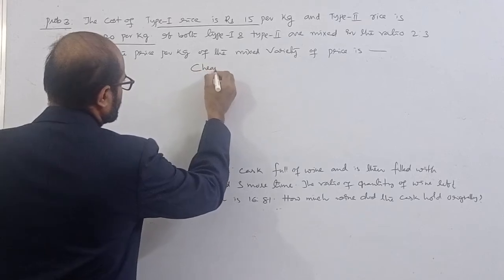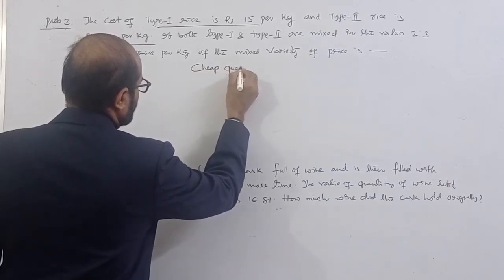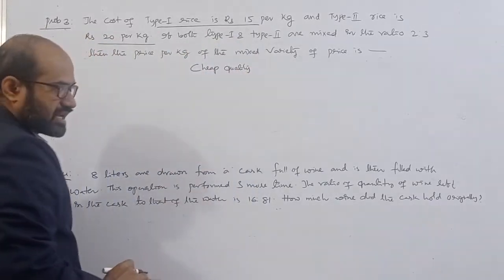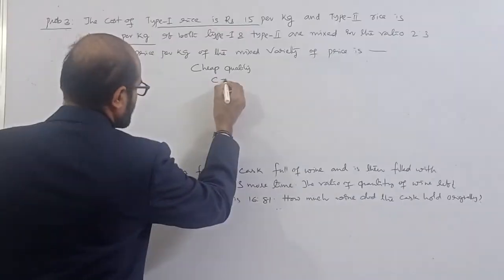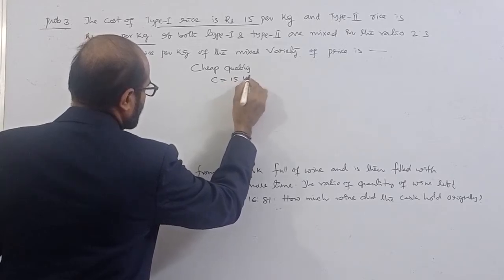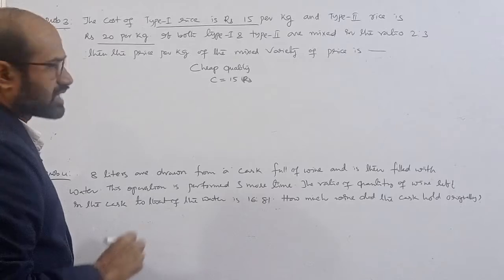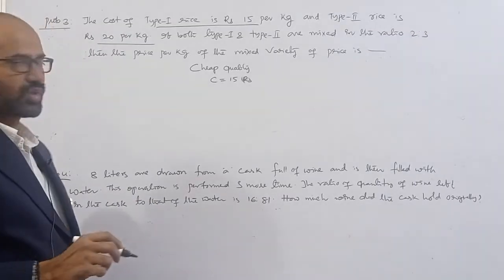See, to solve this problem we know the basic method. Cheap quantity is the 15 rupees per kg rice, so C equal to 15 rupees.